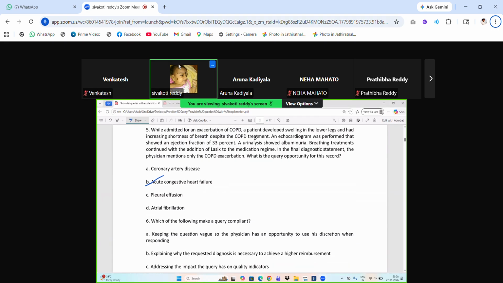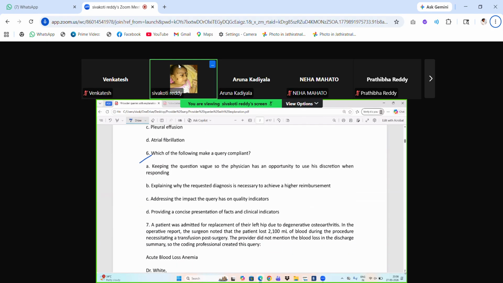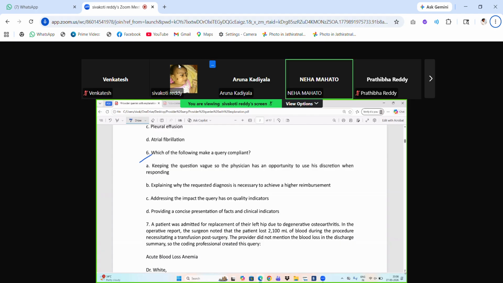Next, which of the following makes a query compliant? What do we need to raise a compliant query? Providing a concise presentation of facts and clinical indicators.